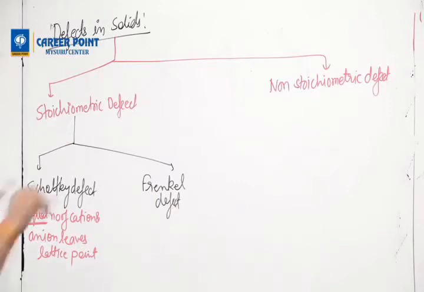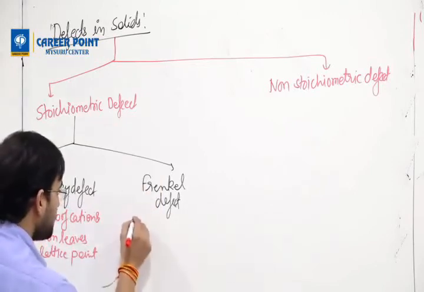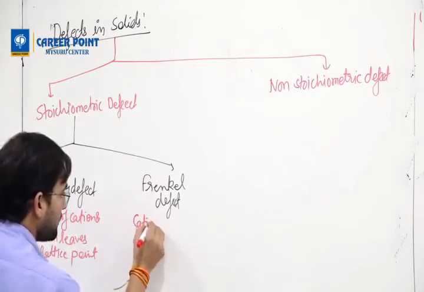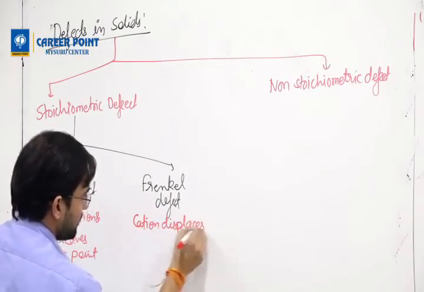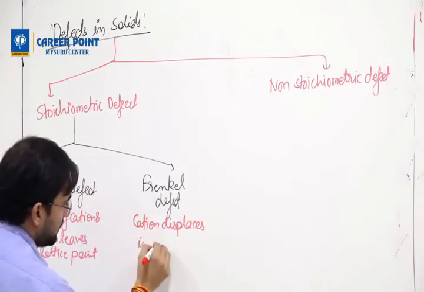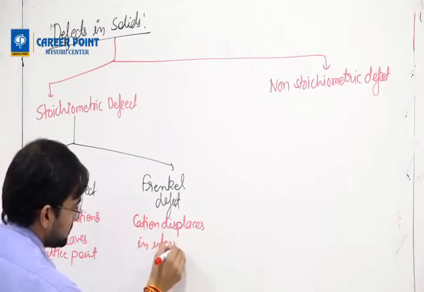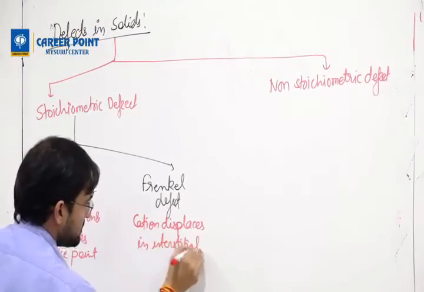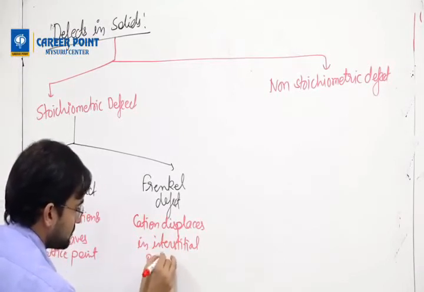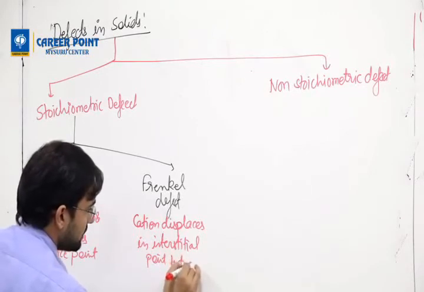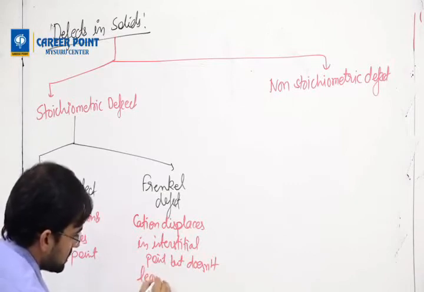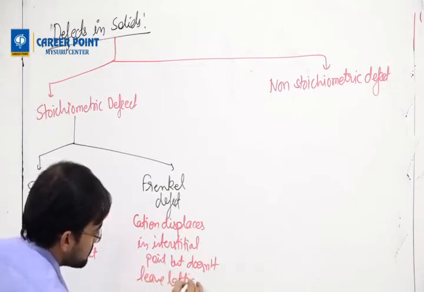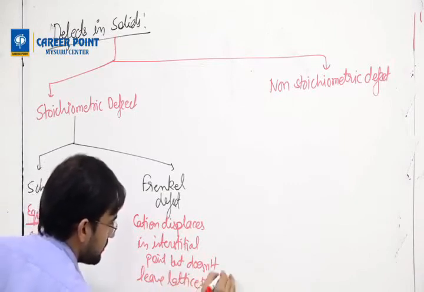Whereas in this case, cation displaces to an interstitial point but does not leave the lattice.